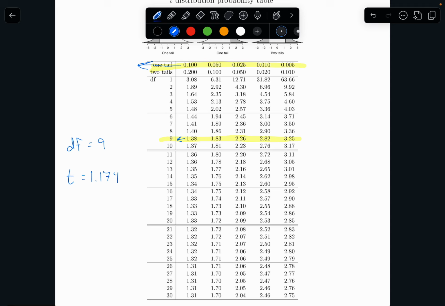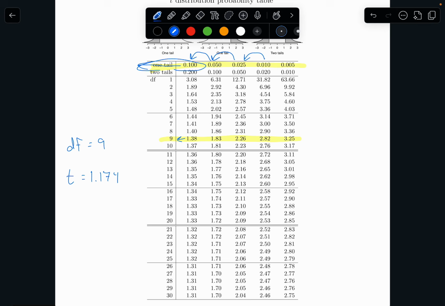And if I look at what happens as I move from the right side to the left side, I know it's a little confusing because we don't usually do that, but as I move from the right side to the left side, my p-value gets larger and larger every single time. It's getting bigger and bigger. So all I can say at the end of this is that it's going to be bigger than 0.1.